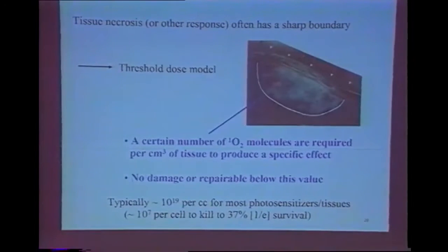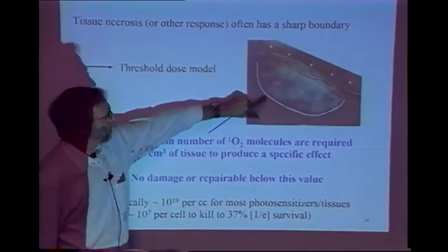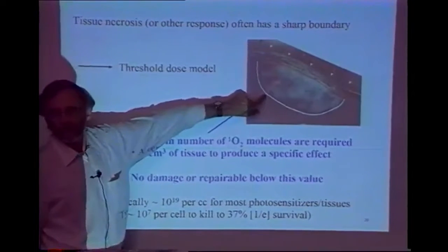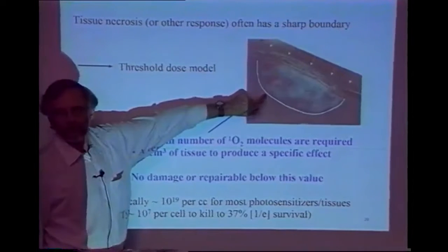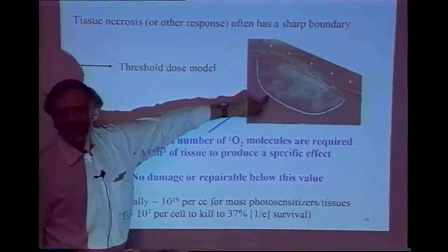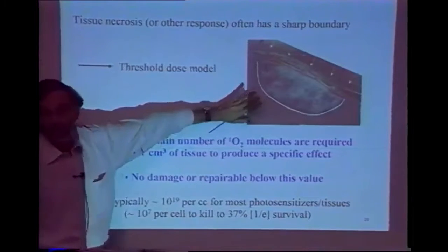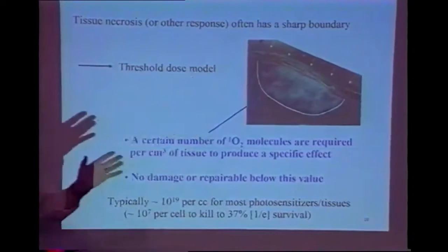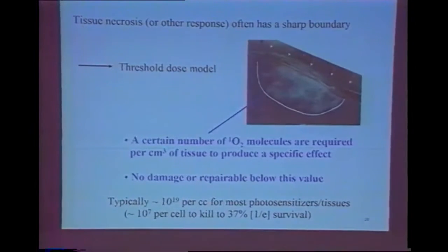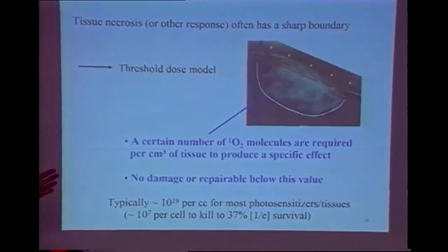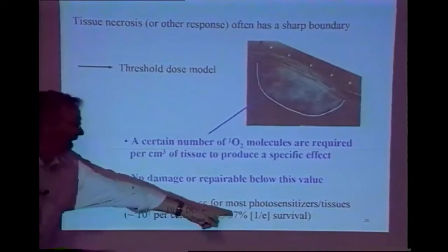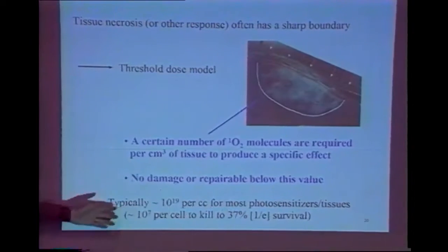So you then ask the question, what fraction of cells in the tissue must be killed in order to produce necrosis? No one really has answered that question, but you might think you have to kill 99% or 99.9%. So maybe you have to give 10 times the 1/e level, so maybe you need 10 to the 8 molecules of singlet oxygen per cell.